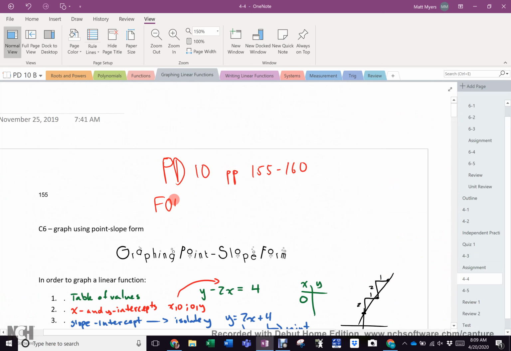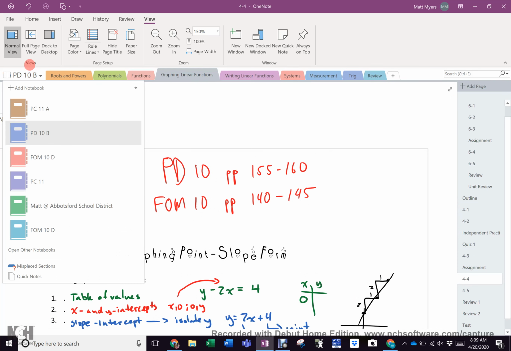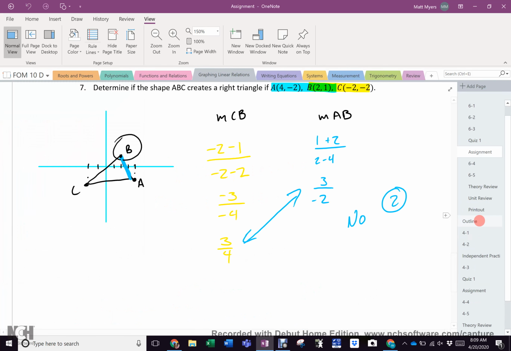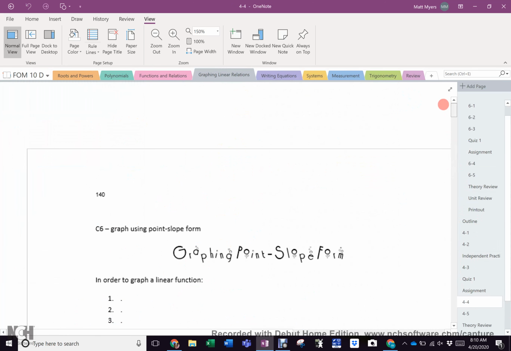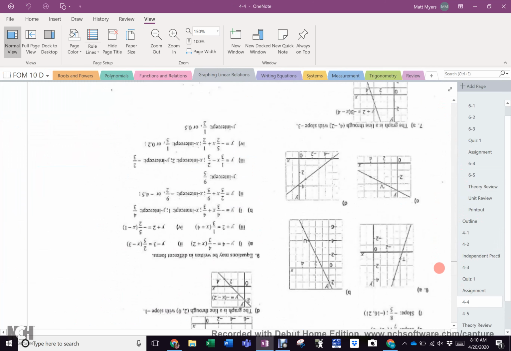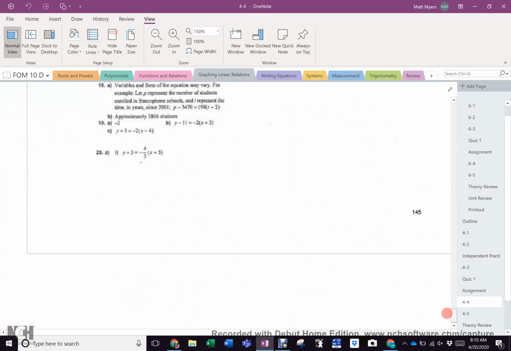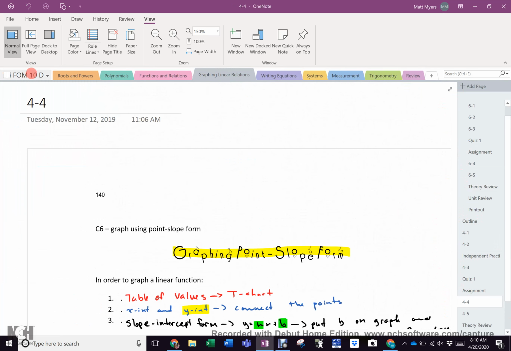And for FOM 10, it's pages 140 to 145, I believe. FOM 10, pages 140 to 145. Indeed, we are correct.